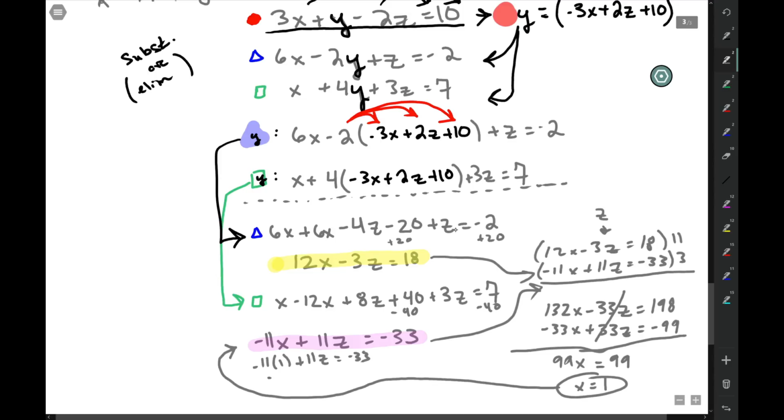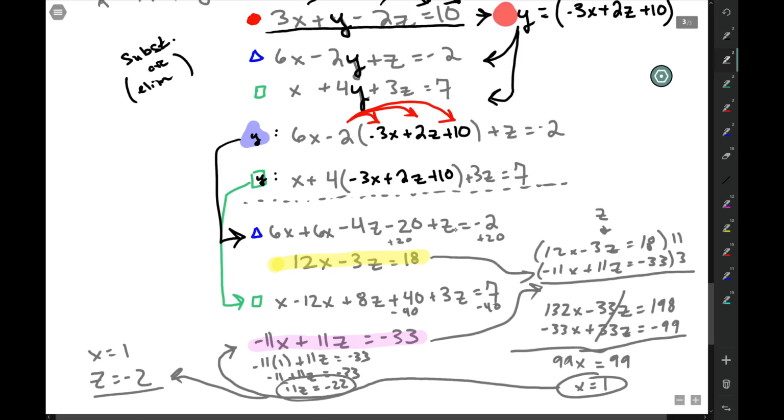Okay, this is just -11 plus 11z equals -33. And you probably get the idea here. 11z is equal to -22. And z equals -2. X is 1. Z is -2.